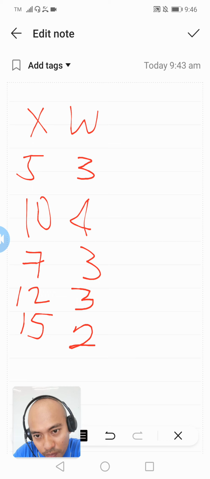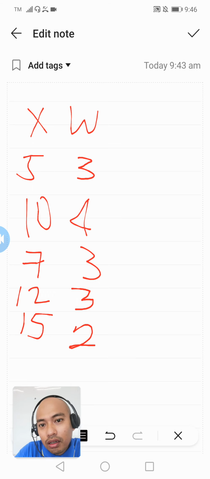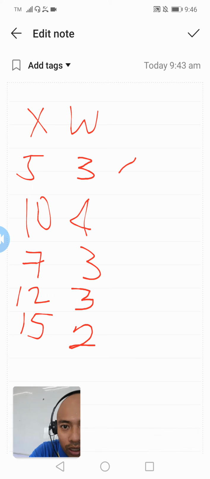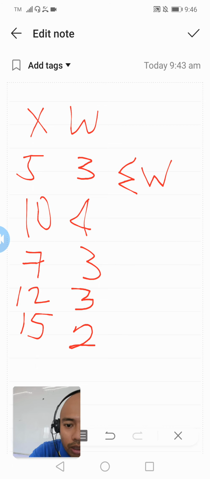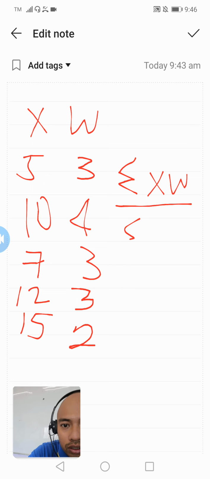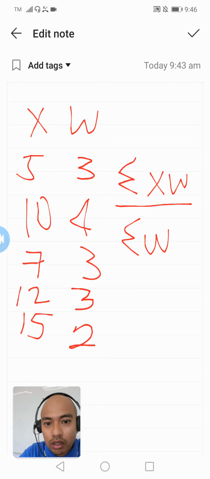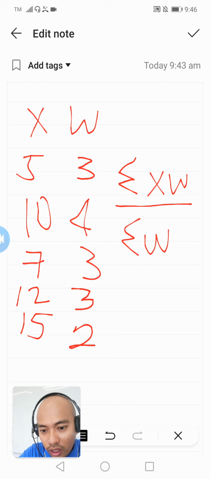So ang weighted arithmetic mean is given by the formula: summation of WX, or maybe XW, over the summation of W. So this will be the formula of the weighted arithmetic mean.